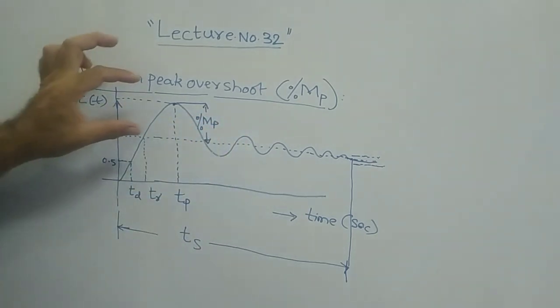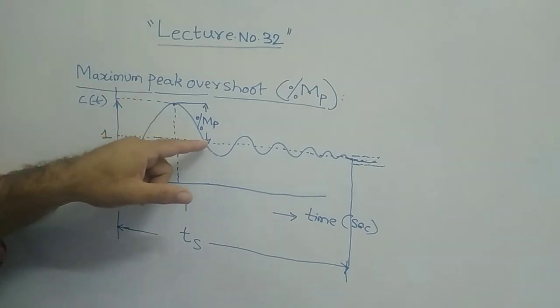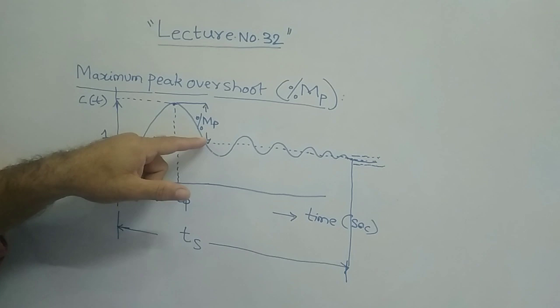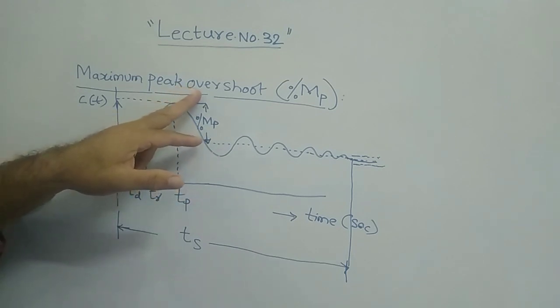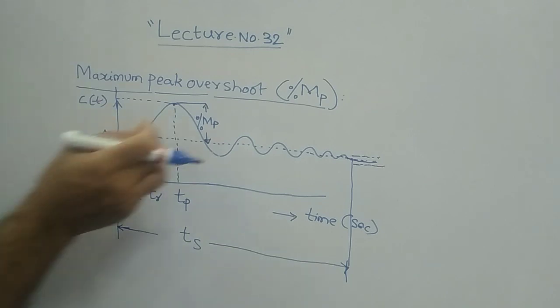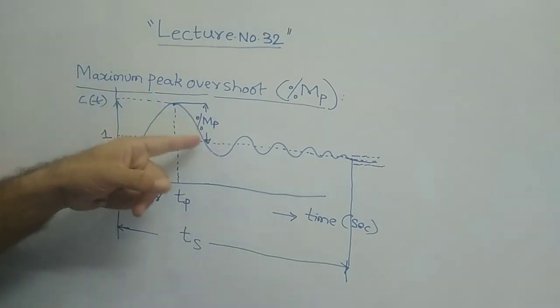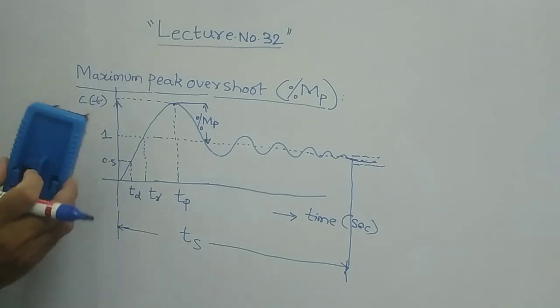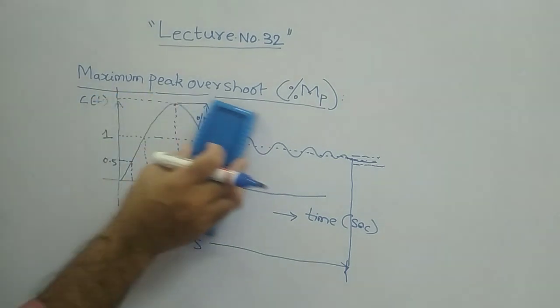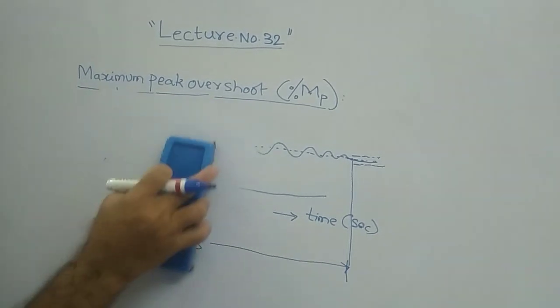If you take the gap from this line of 1 to the maximum value, this difference calculated in terms of percentage is called the peak overshoot. And there is a mathematical definition for this, MP, percentage M suffix P. I will show you that.